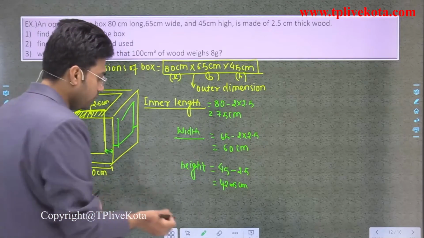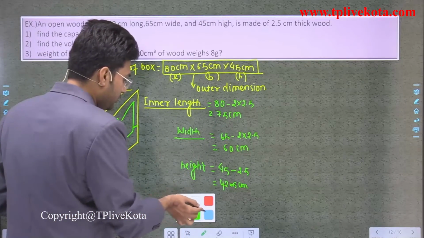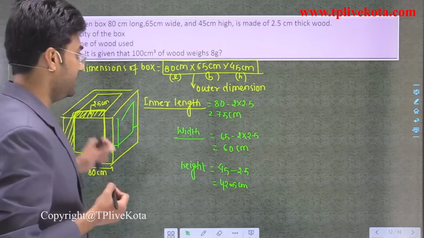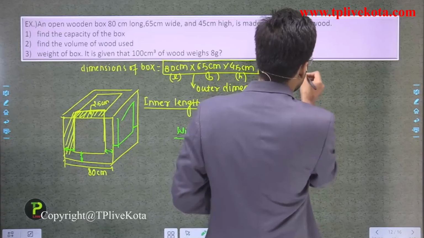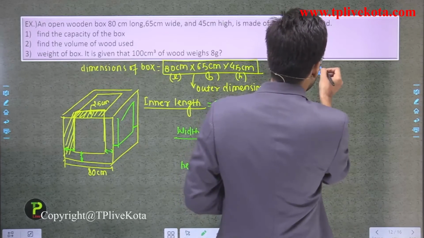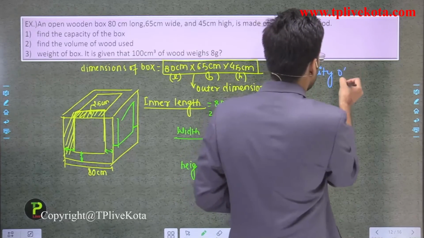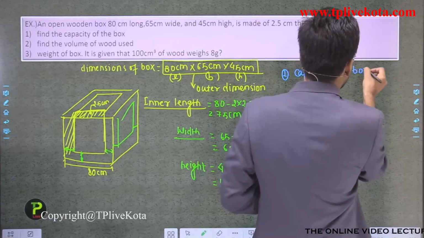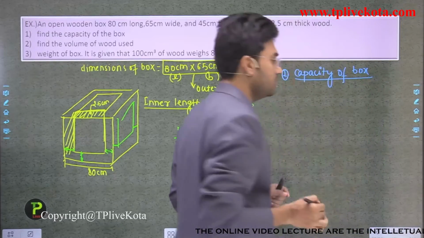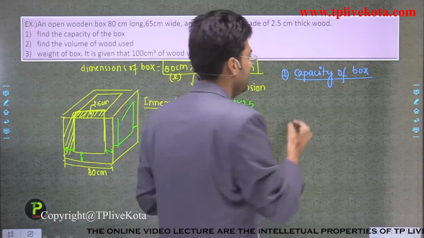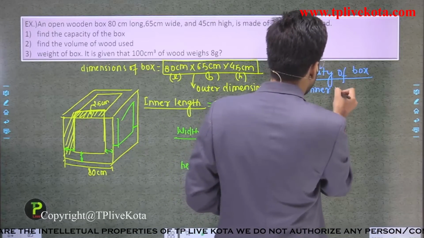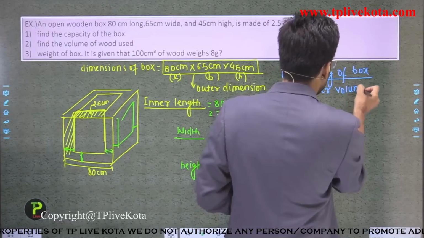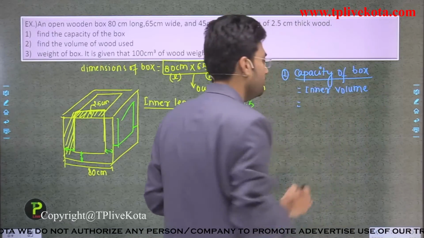Now first of all, we have to find the capacity. Capacity of box is the inner volume. And what is the inner volume?